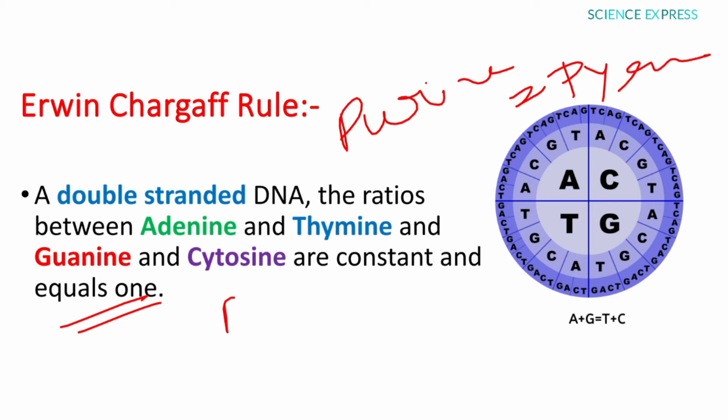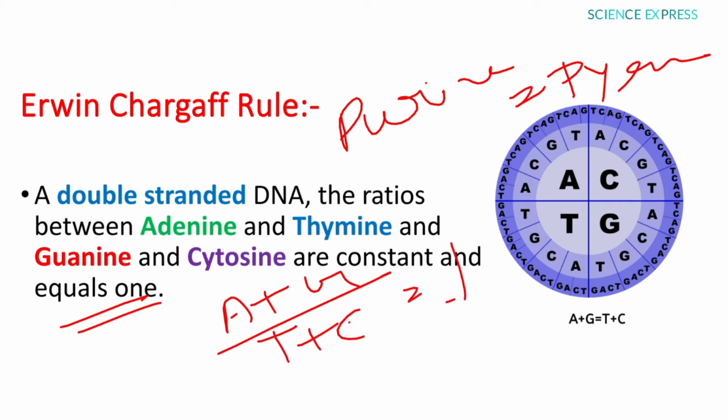So we can write A plus G by T plus C equals 1. That is the Chargaff rule, and it is applicable only to dsDNA, that means double stranded DNA.